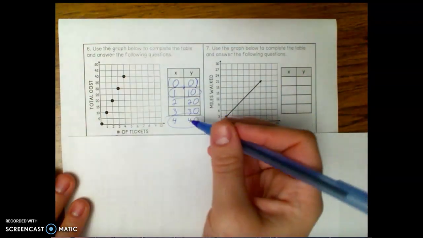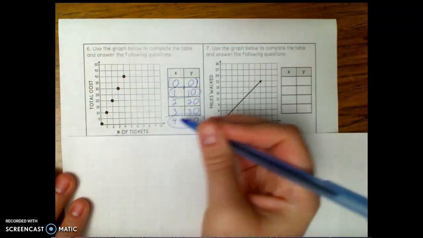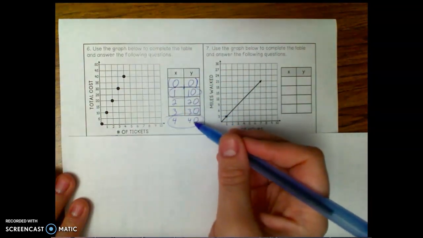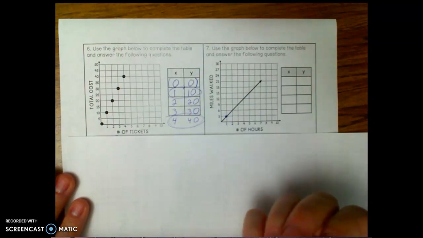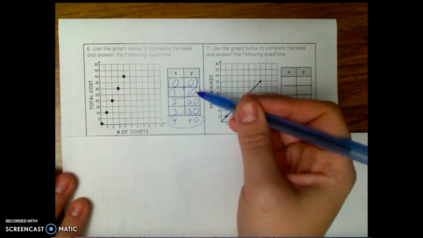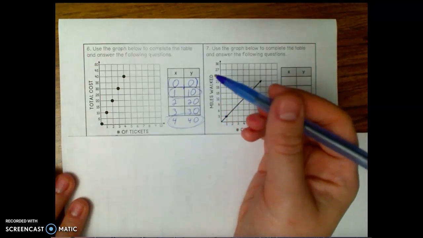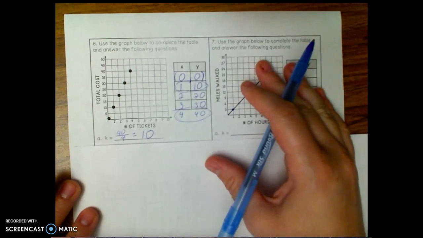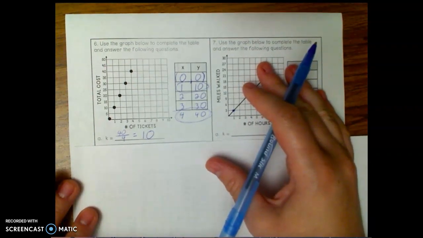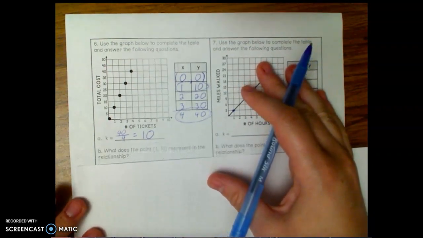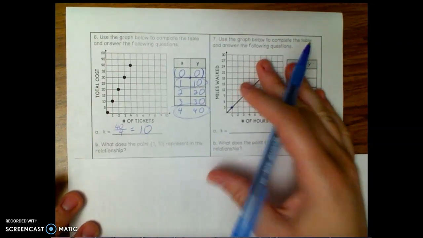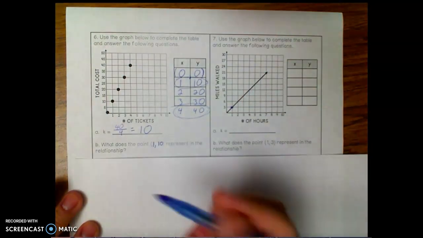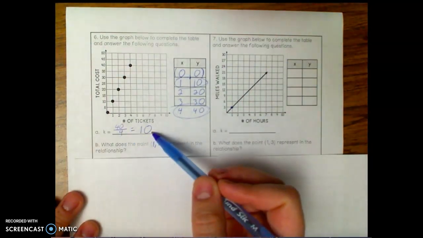When you find the constant, you need to find a pair and divide. I could take 40 divided by 4 is 10, or I could take 10 divided by 1 is also 10. So our constant is 10. Now, the next part wants you to notice that the point 1, 10 is showing you the constant.